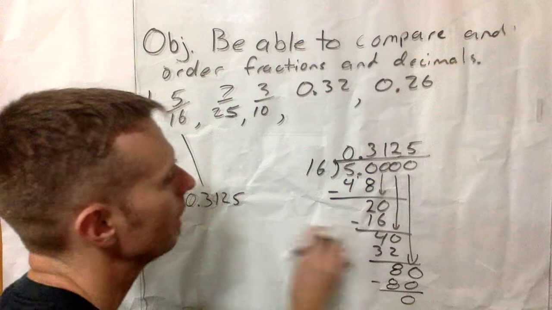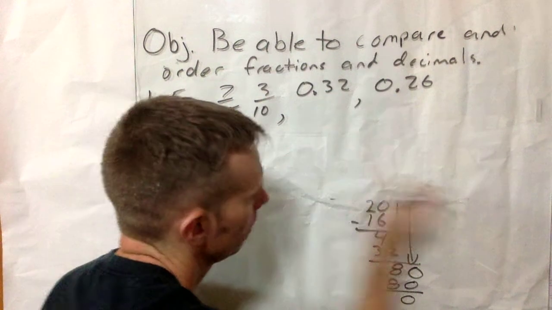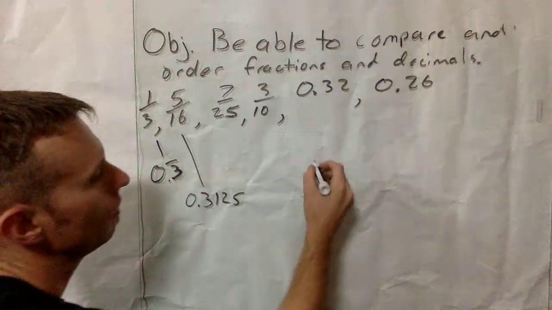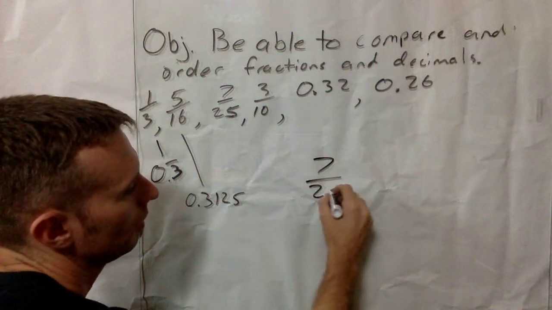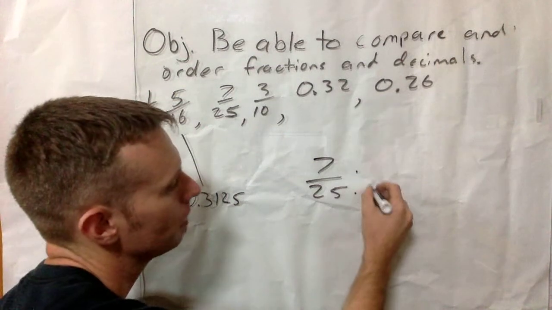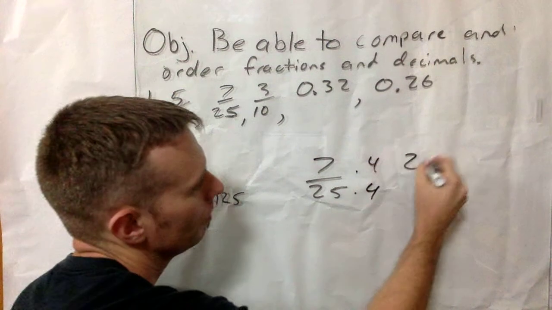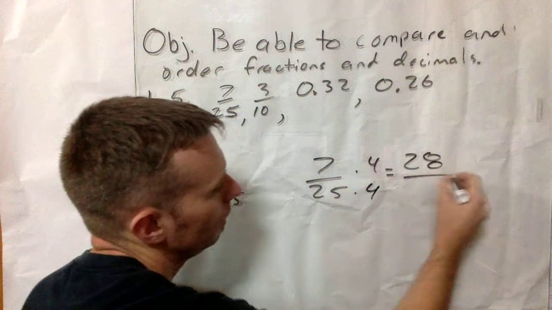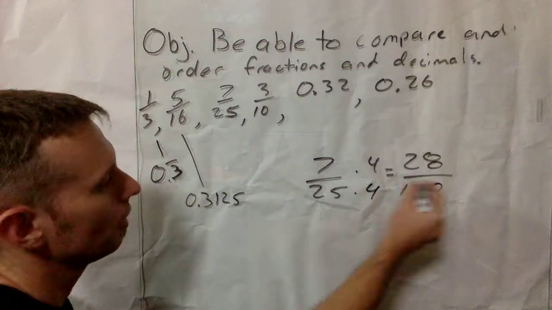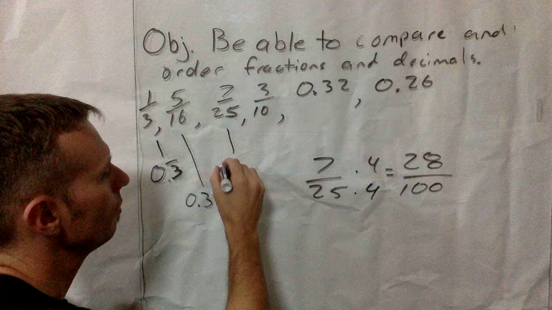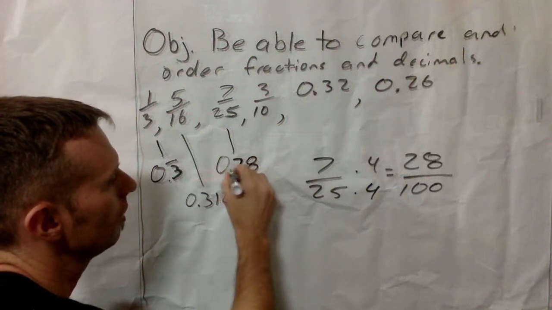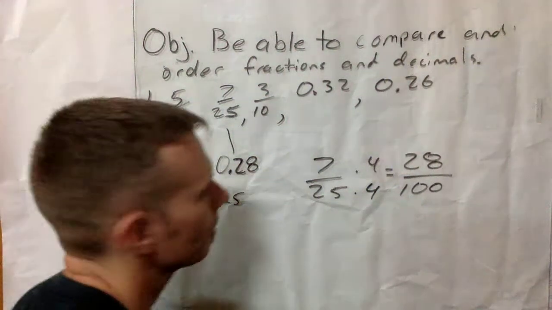Let's go ahead and erase that. Now, 7 over 25, we already learned, if we multiply the top and the bottom of this by 4, we will get 28 over 100, and we know we can write 28 hundredths in decimal form as just that, 0.28.